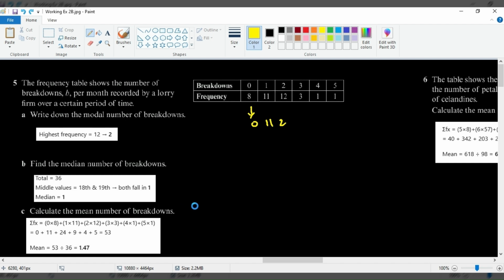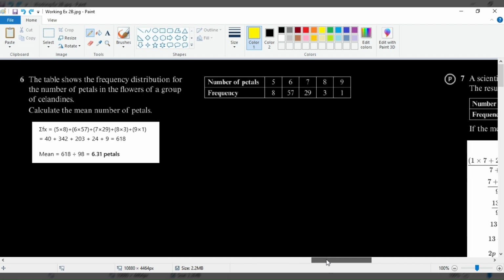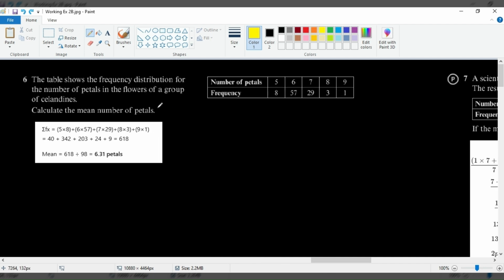Now comes question number 6. It says the table shows the frequency distribution for the number of petals in the flowers of a group of a type of flower. Calculate the mean number of petals. So once we get fx, fx here is going to be 40, and this one is going to be 342.